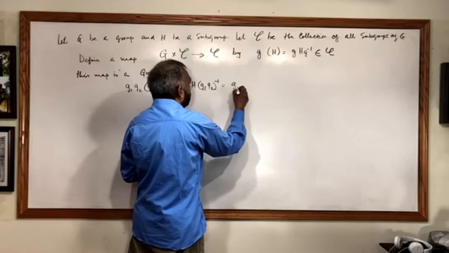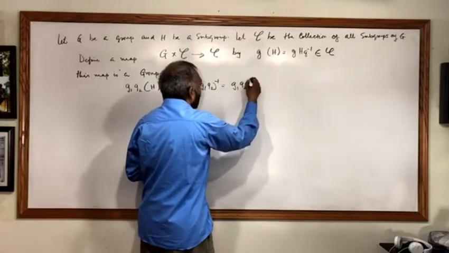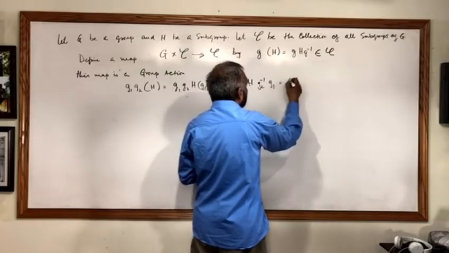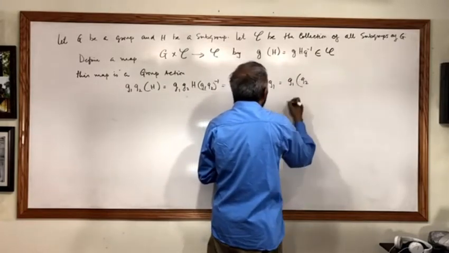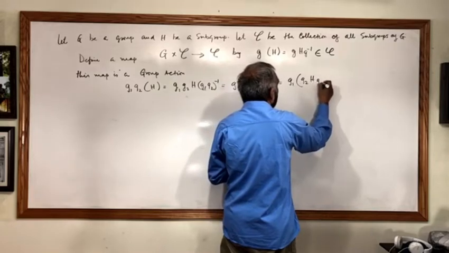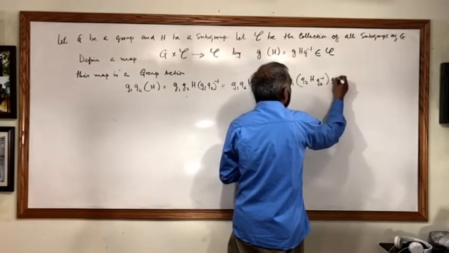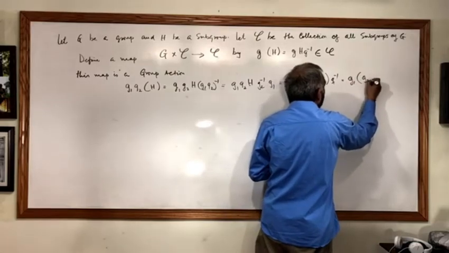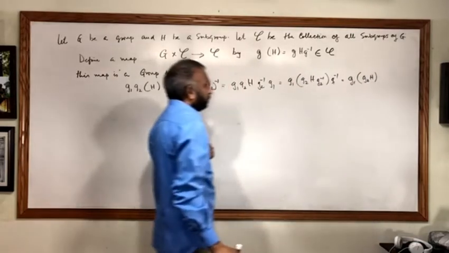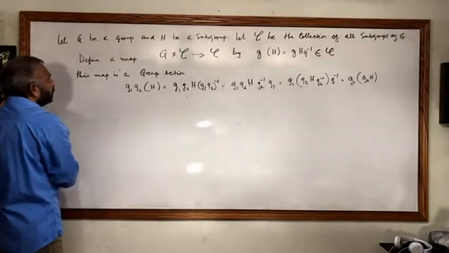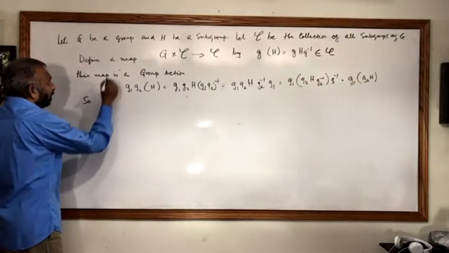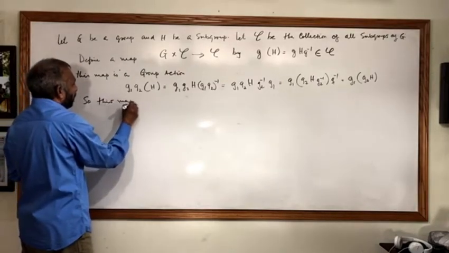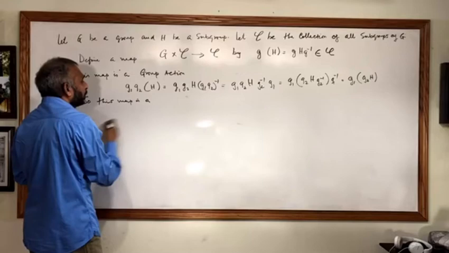And that is equal to g1 g2 H g2 inverse g1 inverse. And that is equal to g1 (g2 H). So this map is a group action.